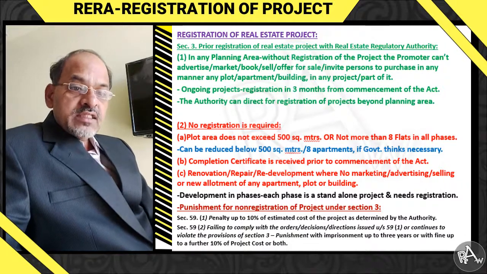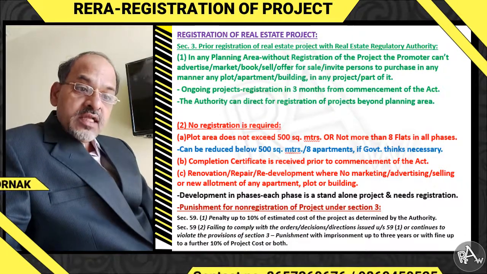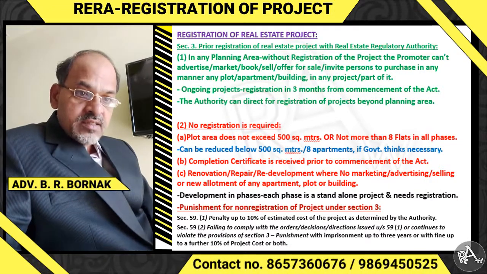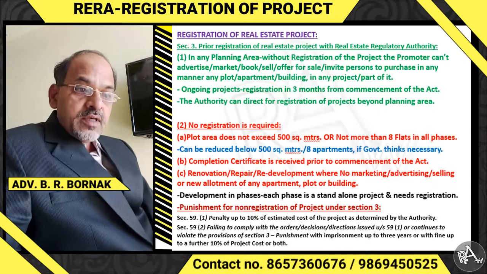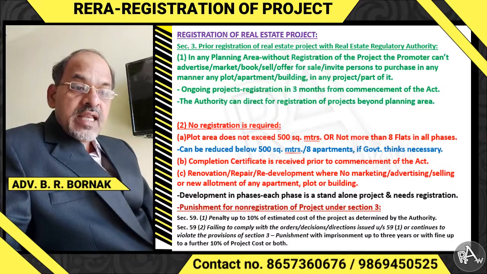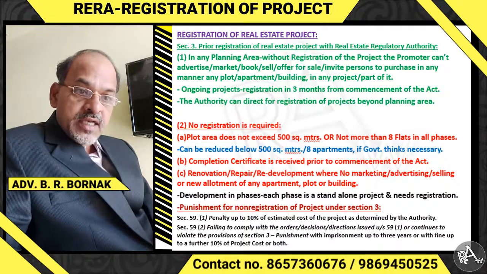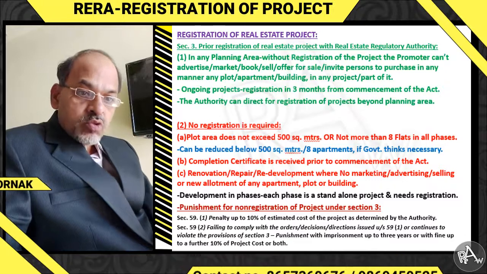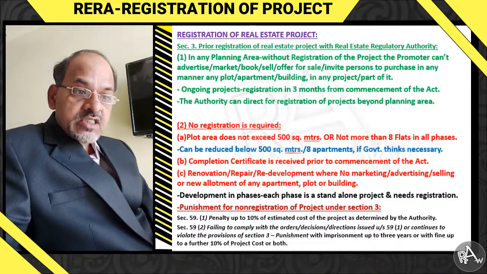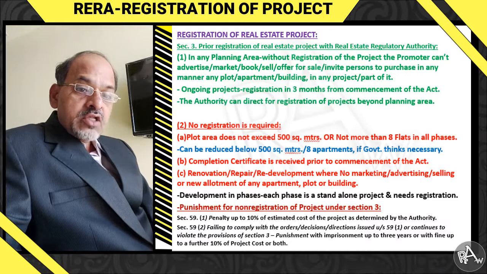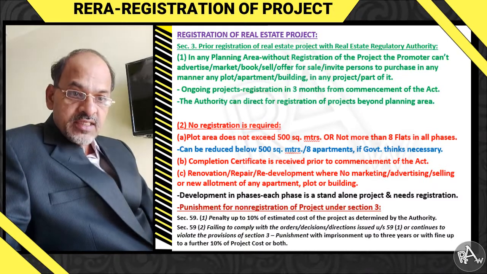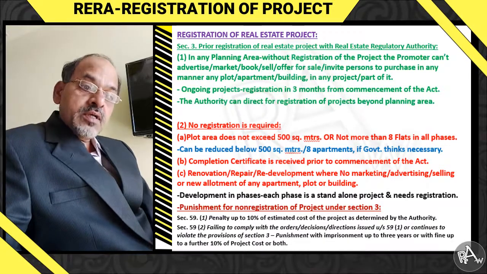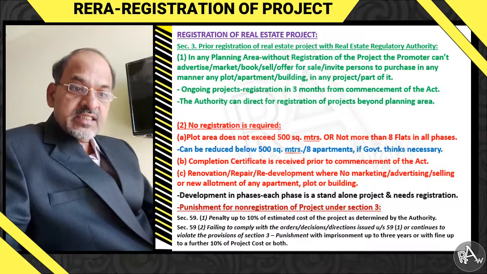Section 59(2) says, failing to comply with orders, decisions, directions issued under section 59(1), that is the 10% penalty. If there is an order, decision or direction of the RERA authority for penalty, and that promoter fails to comply with that order, decision or direction, or continues to violate the provisions of section 3, that is, without registration he continues his project, then for the second instance there is a punishment.